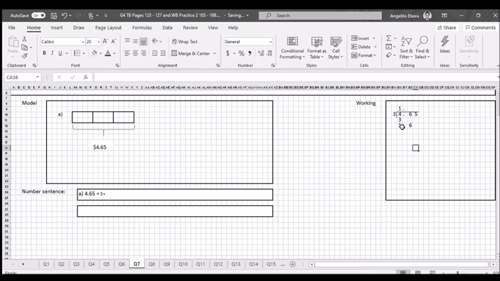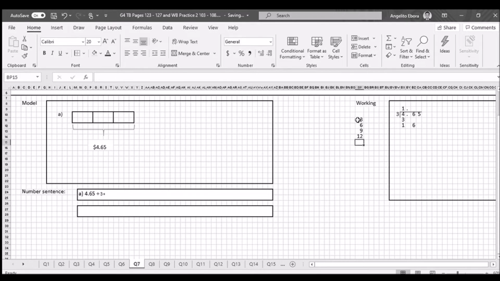So 16 divided by 3 is, when you count by 3, 3, 6, 9, 12, 15, 18, 21. So 16, so we can use 15. So that is 1, 2, 3, 4, 5. So 5 times 3 is 15. Now 16 minus 15 is 1, or 6 minus 5 is 1. Then bring down 5. So 15 again, so that is 5.